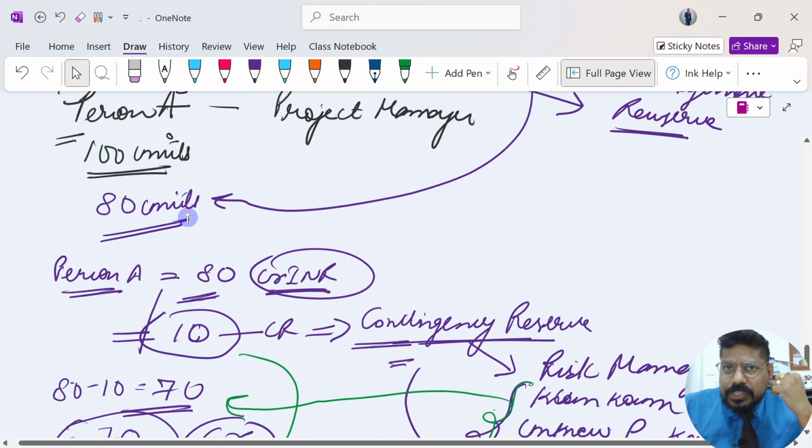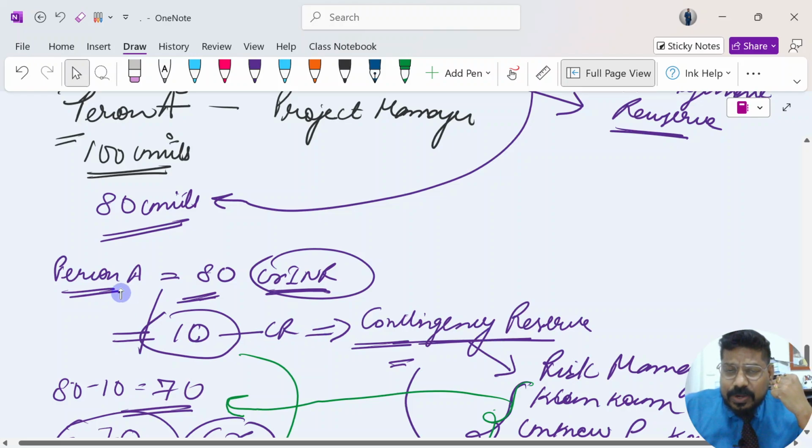Now with this 80, person A, the project manager, will keep 10 aside, and this 10 is known as contingency reserve. This will only be used at the time of unforeseen circumstances.